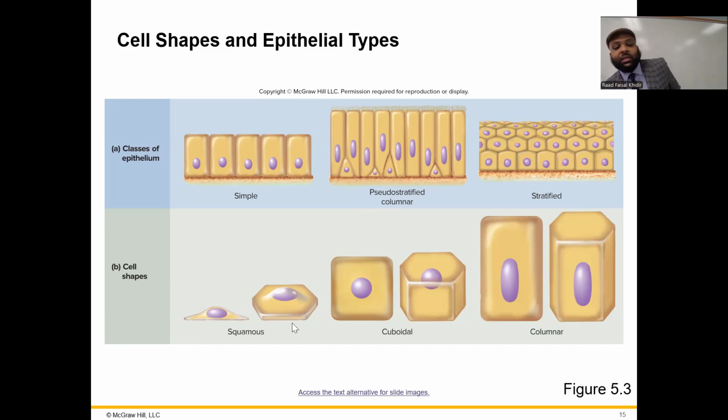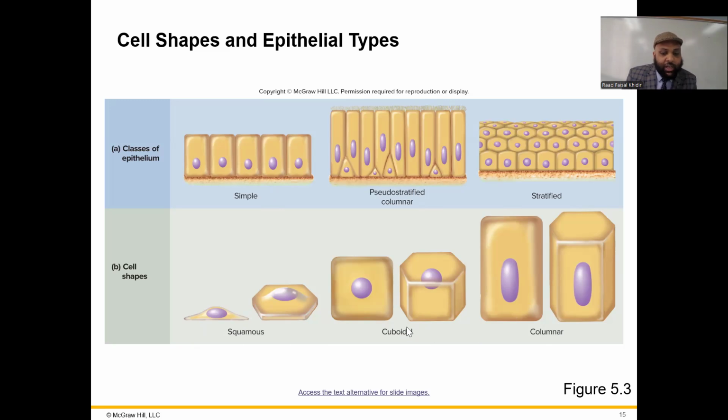Cell shapes: you have squamous cells, cuboidal cells, and columnar cells. Squamous cells are like a sunny side up egg.